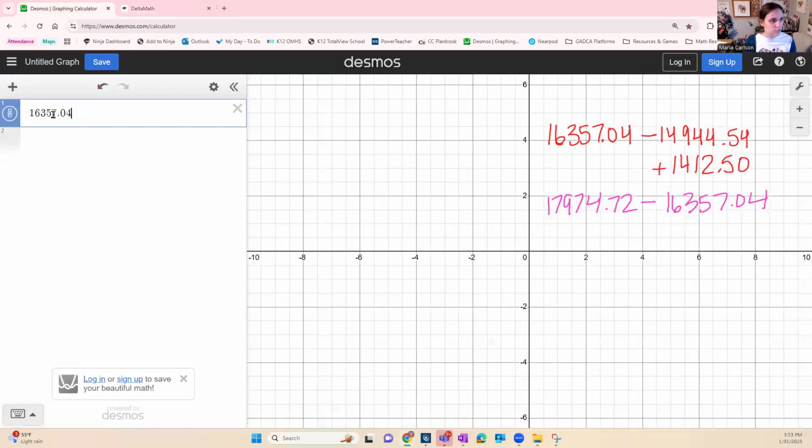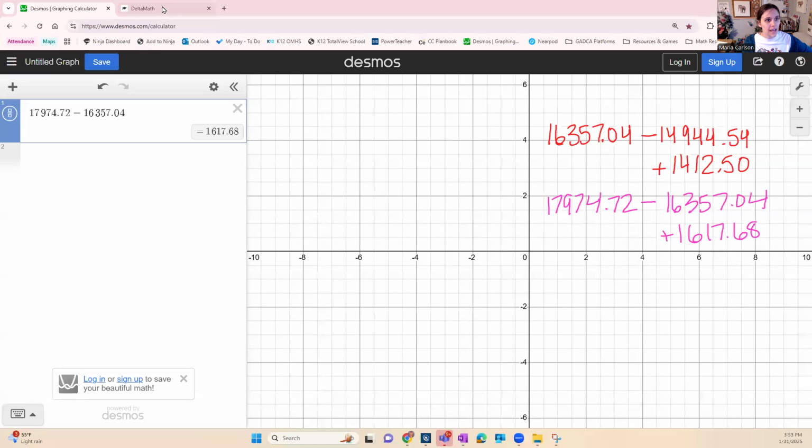I'm just going to clear that off and put it at the end. So now we are subtracting 17,974.72. And that gives us a common difference here this time of $1,617.68. And I put the plus sign because it is a positive number. That tells us from year 2 to year 3, we added that much to make it grow.